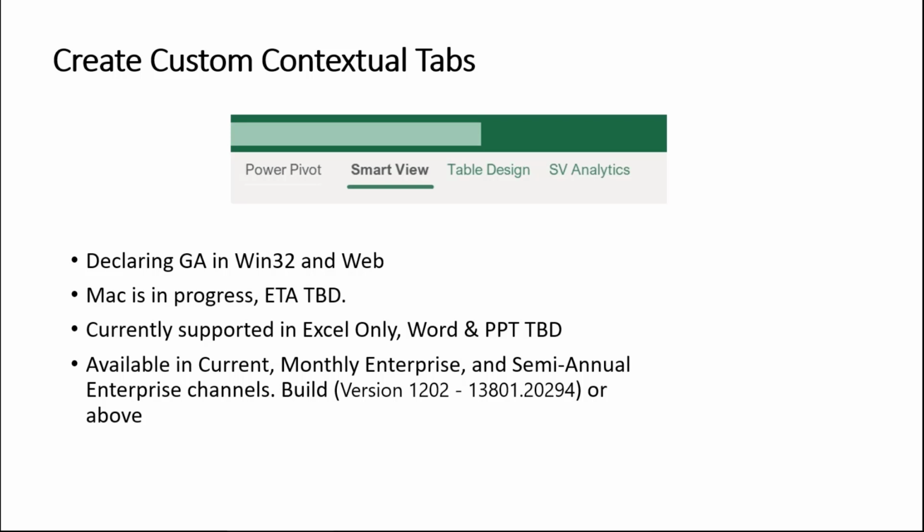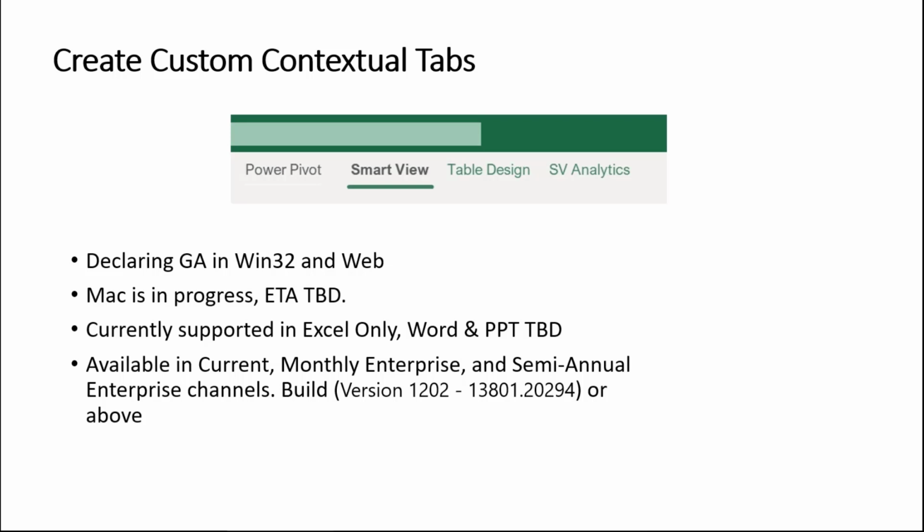What the capability allows is that before custom contextual tabs, our platform allowed add-in developers to define a custom tab where you can put your ribbon buttons, and when a user installs your add-in, they would see that custom tab with all the ribbon buttons that you had placed on that tab.